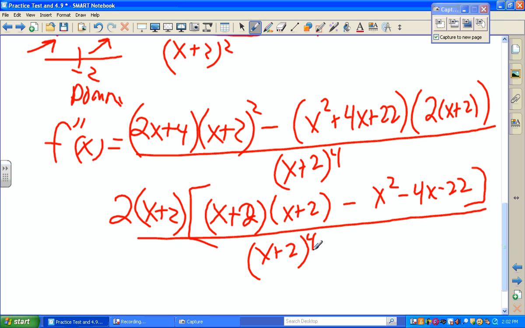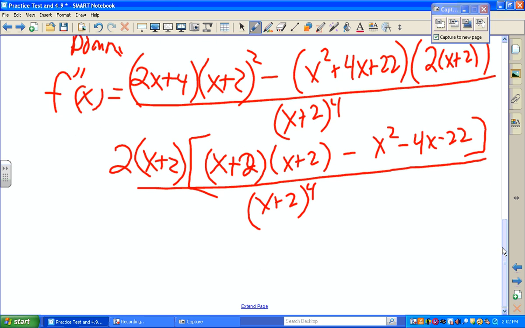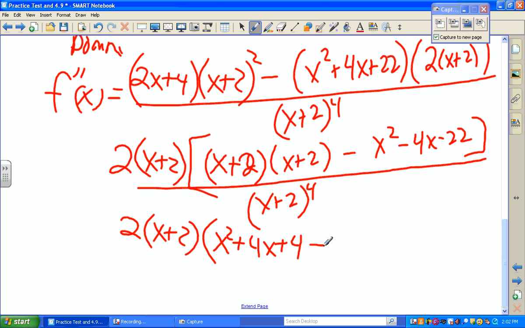If I take a 2 out, it leaves me with that, and if I take an x plus 2 out, it leaves me with that. X squared. I'm ready to go.